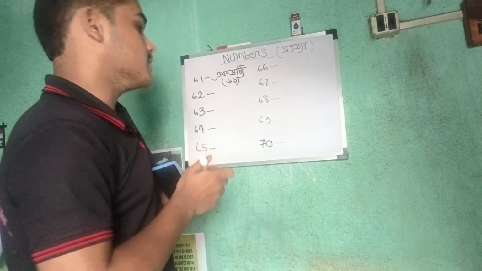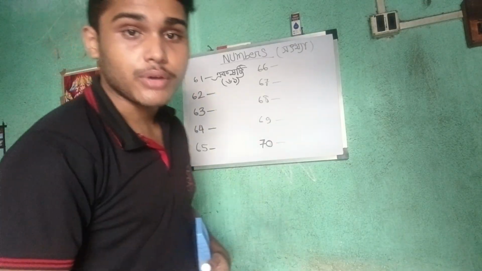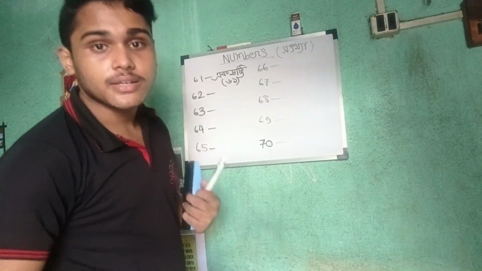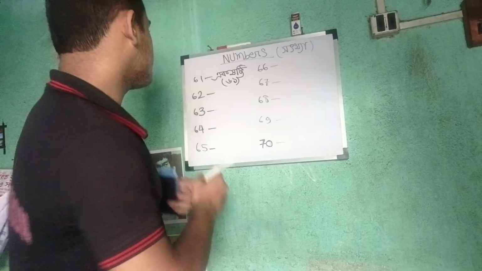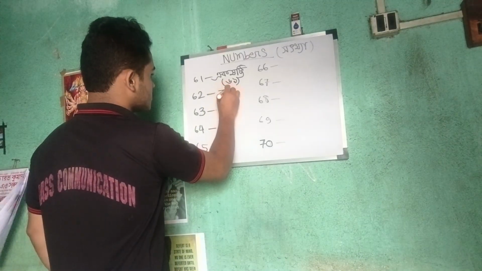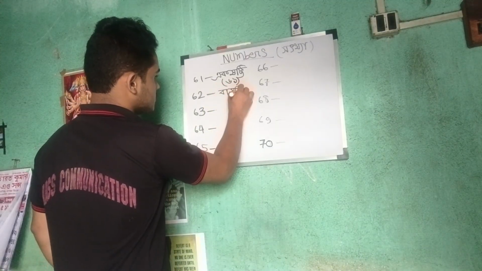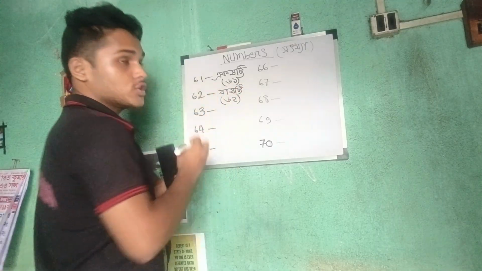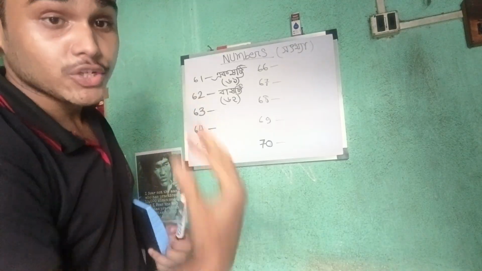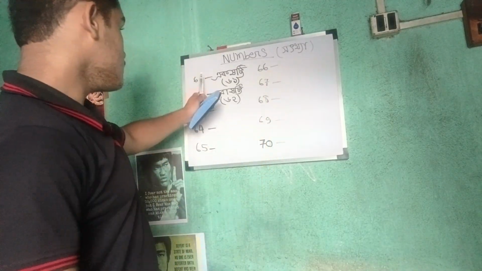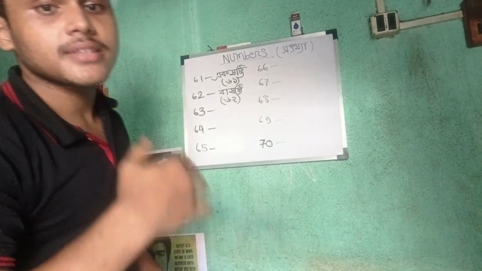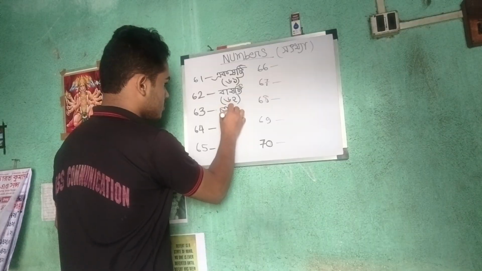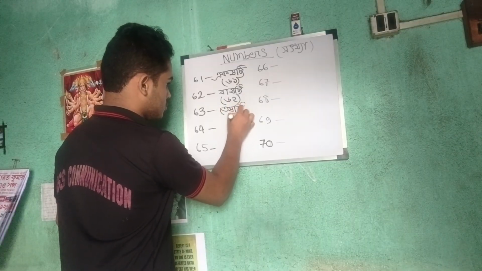So this is ekষট্টি. After 61 we have 62. 62 means bâṣôṭ্টি. So this is 6 and this is 2, bâṣôṭ্টি means 62, and 63 means têṣôṭ্টি.